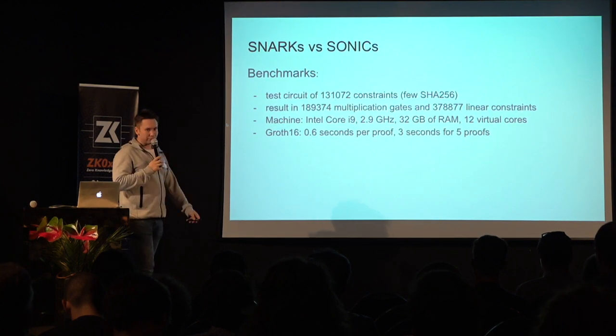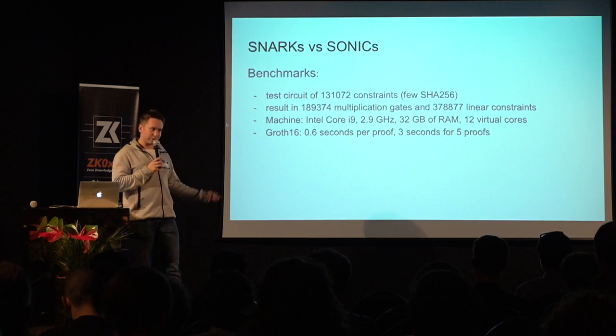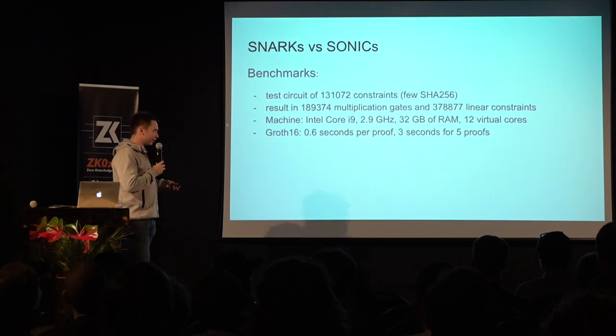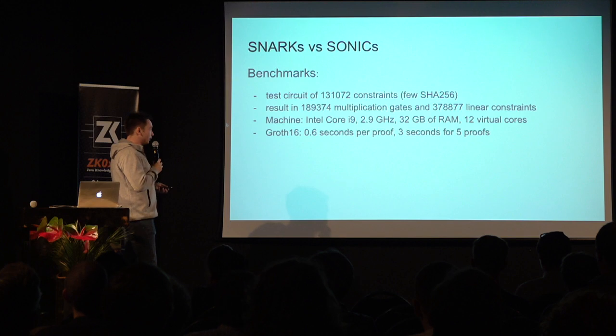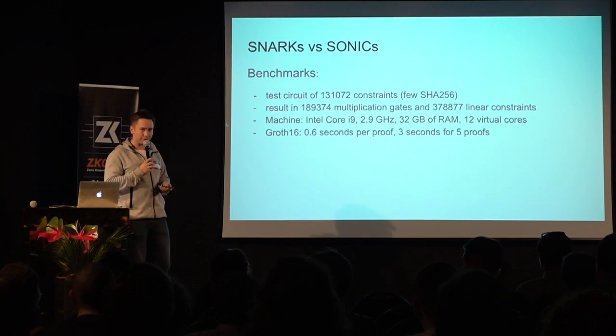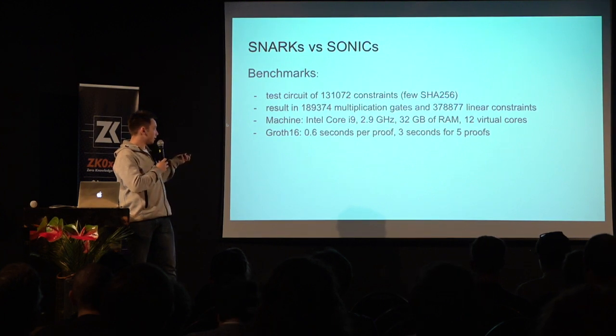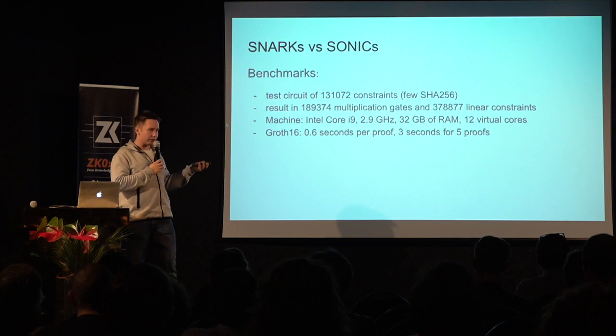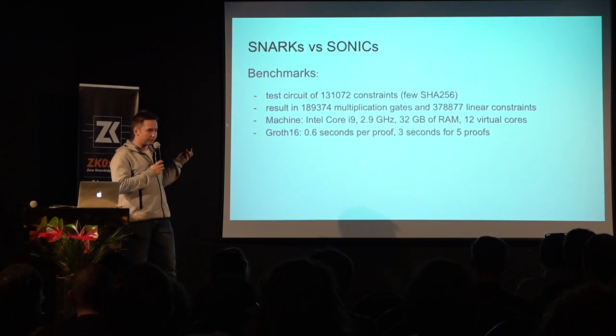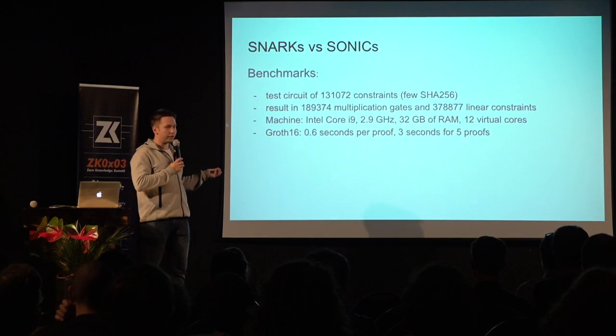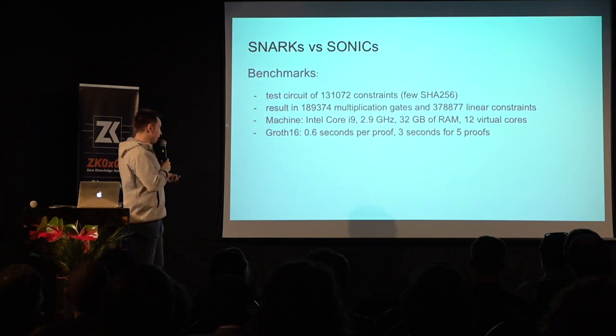Okay, now benchmarks, which were not in Paris, because some people could have seen this presentation in Paris. This is a concrete example, a test circuit with a few SHA-256 rounds, which leads to this number of multiplication gates and linear constraints. I mean, one rank 1 constraint transforms into 1 multiplication gate plus 3 linear constraints, which is quite obvious.